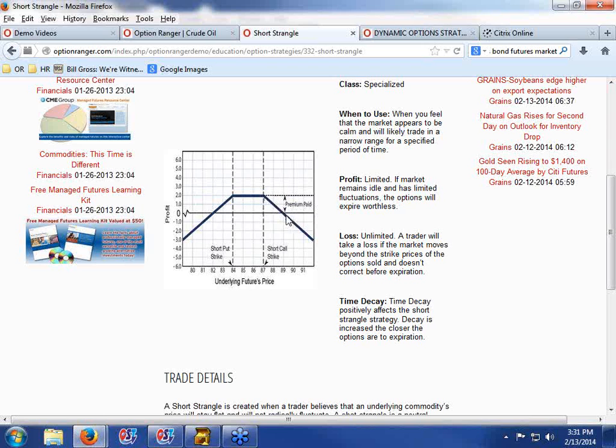The most you can make in this trade is the premium that you collect. You're playing insurance company. You're collecting premium from people, anticipating that certain events will not materialize. The bread and butter of this trade, what makes it work, is time decay, time erosion.